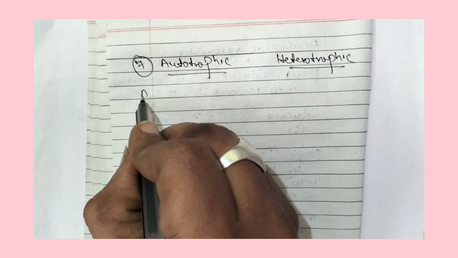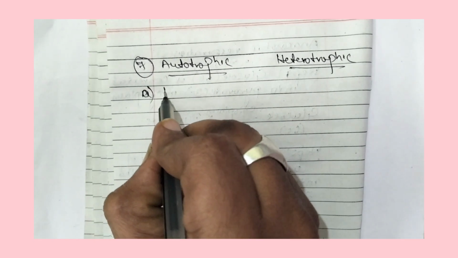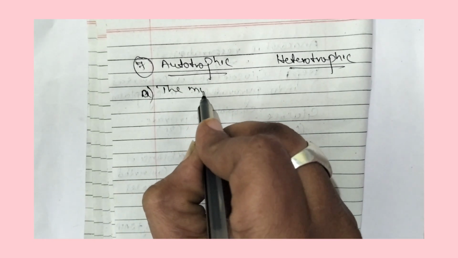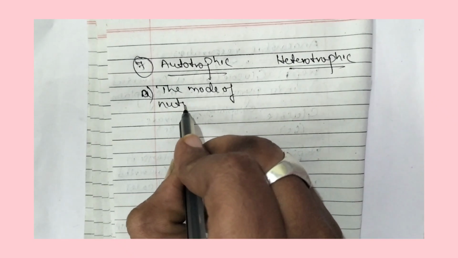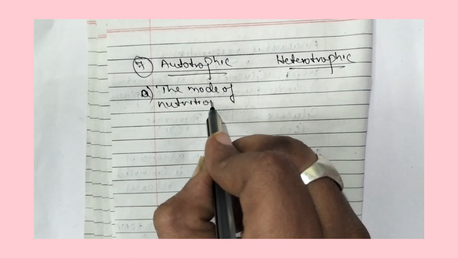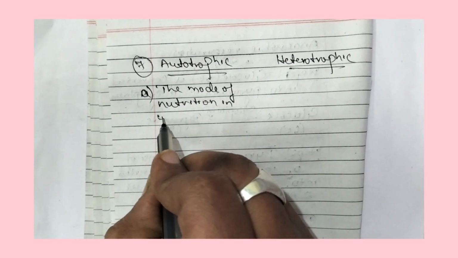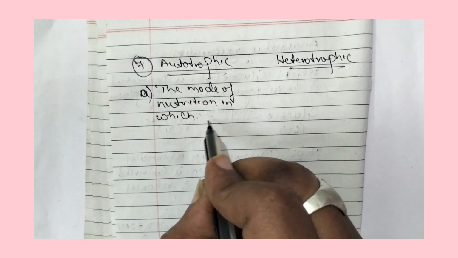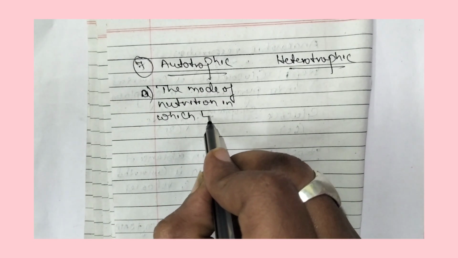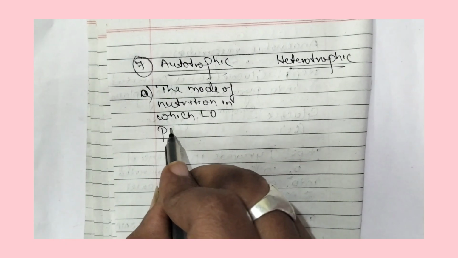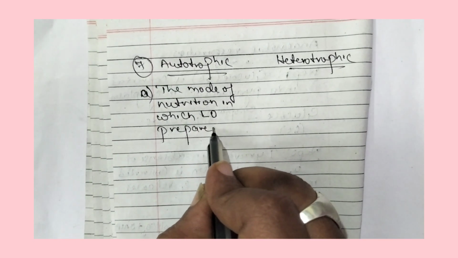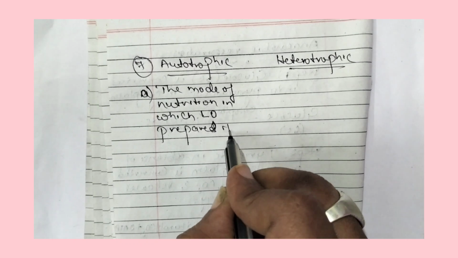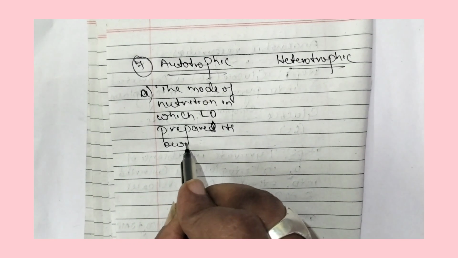So autotrophic nutrition is the mode of nutrition in which a living organism prepares its own food.